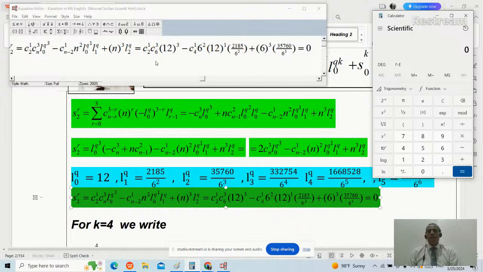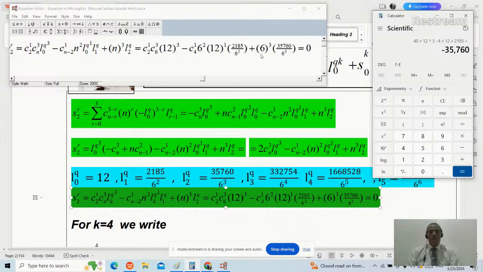You can see this one is 2 times 20, it will be 40, times 12 raised to the power 3, minus, learners, 4, combination 4 choose 1, times 12 times 2185, plus 6 cubed divided by 6 cubed.